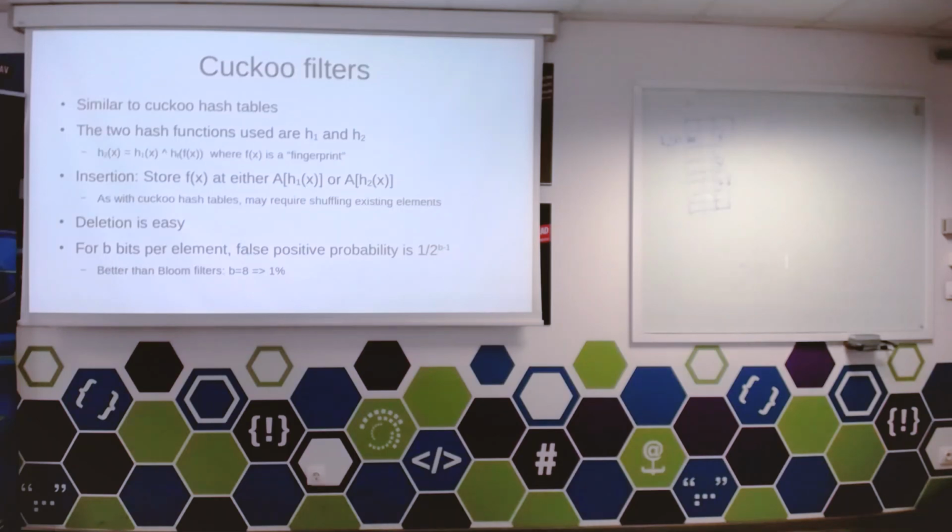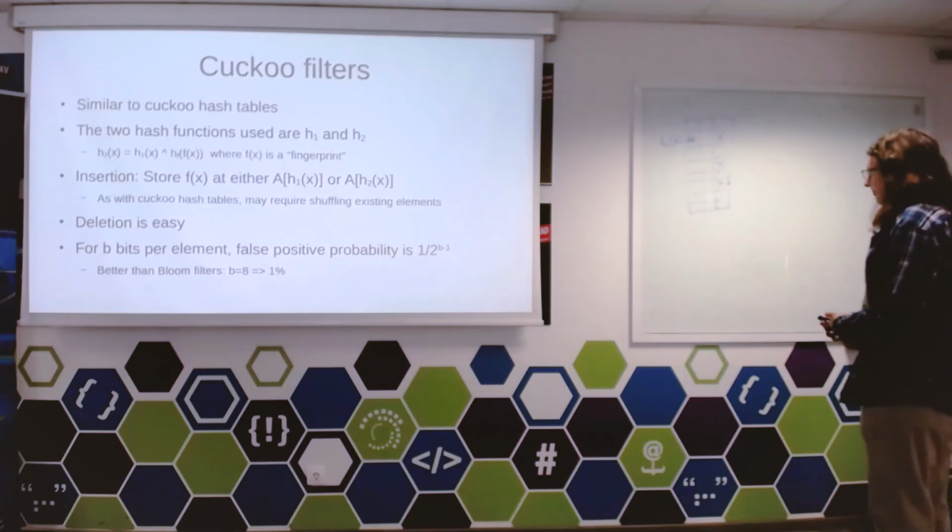And now the false positive rate. For a b-bit fingerprint, it's 1 divided by 2 to the power of b minus 1, which is quite a bit better than b divided by 1.44. Assuming a fill rate of 100%, which we don't have, we'd have a false positive probability that's only 2 times higher than the theoretically optimal probability.